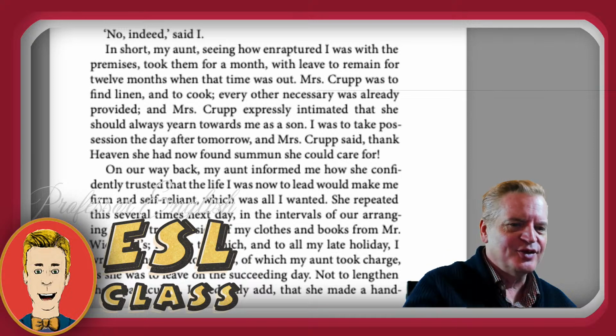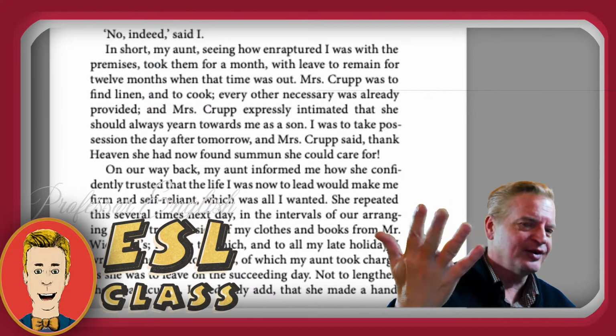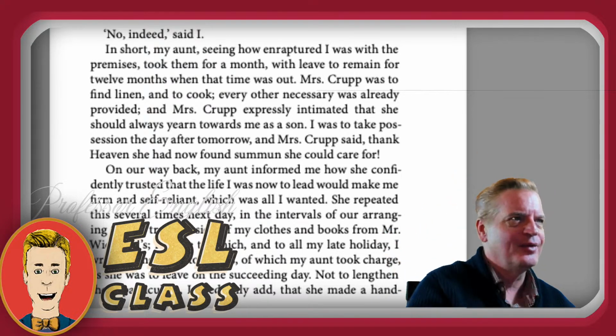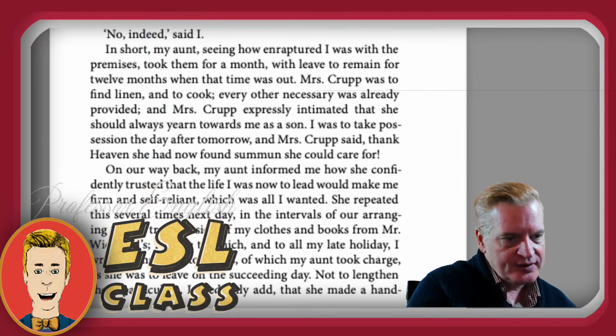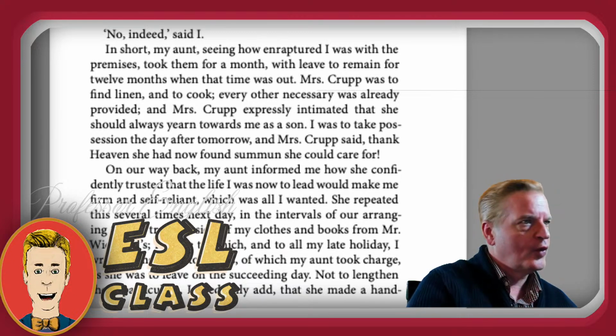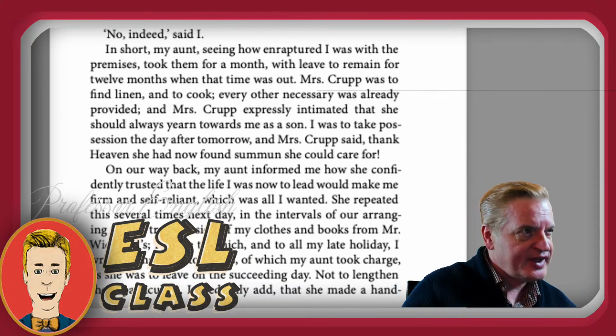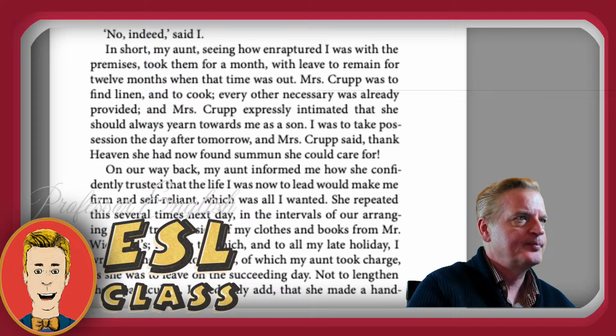We're trying to make this neutral, but it's not neutral, actually, but I'm trying to make it so. Let's try again. In short, my aunt, seeing how enraptured I was with the premises, took them for a month. So we're always falling down at the end of our phrase.